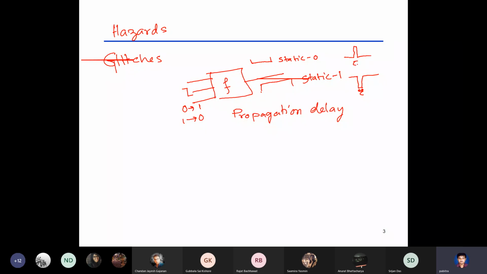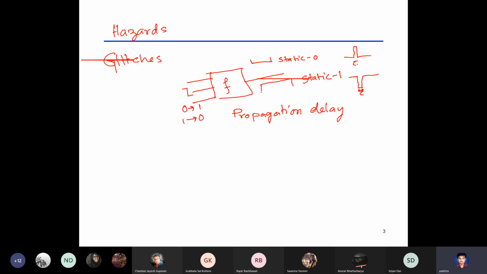This is again for a tau period of time. So these are glitches. We call a circuit to contain a hazard if there is a potential for a glitch. Potential for a glitch means it's not that for all input combinations and all input transitions such glitches will appear, but for some input combinations, this type of glitch may appear.